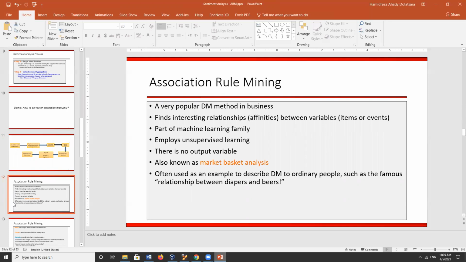Okay, another basic data mining application is association rule mining. Basically, we want to see which items might go together. One example is when you go to, let's say, Walmart or other large chain stores, you might see some items go together.